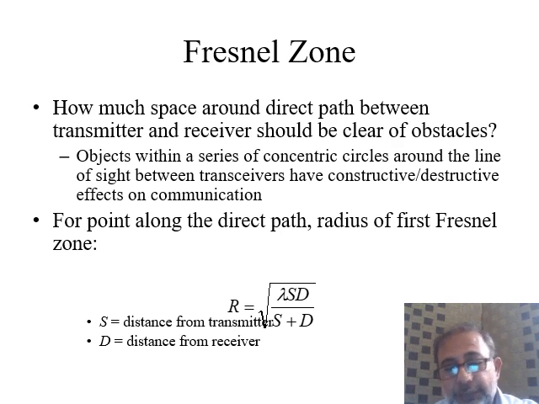So to find out the radius of the first Fresnel zone, the formula is R equals the square root of lambda times S times D over S plus D, where lambda, as you know, is the wavelength, S is the distance from the transmitter to the highest point in between, and D is the distance from the receiver to the highest point in between.